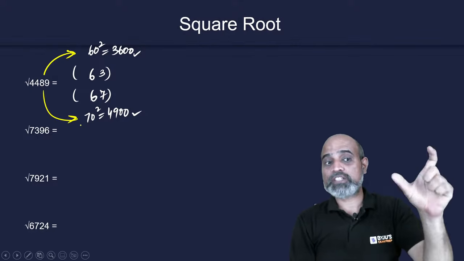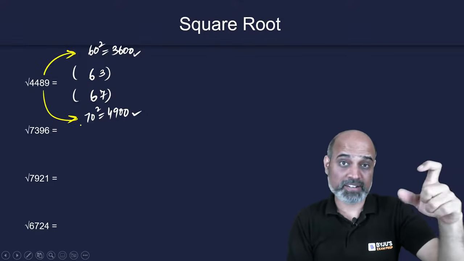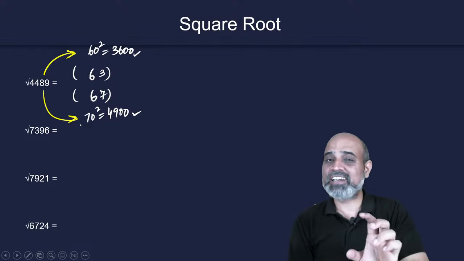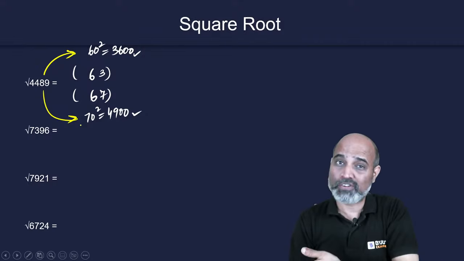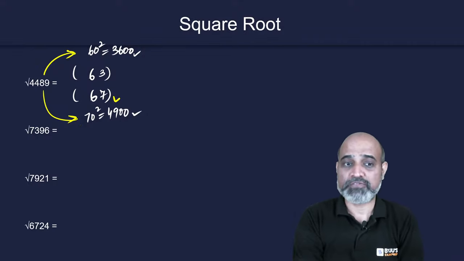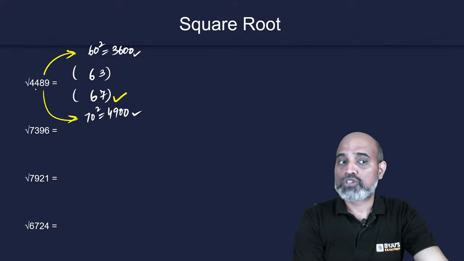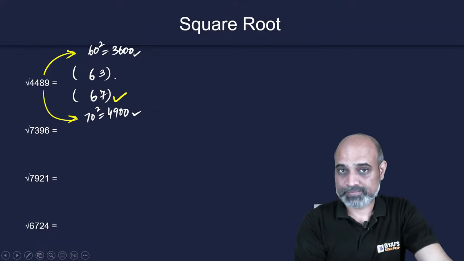You will realize 4489 and 3600 have a difference of almost 800-900, and 4489 and 4900 have a difference of about 400. So can I say this is closer to 4900? That means the value which is closer to 70 will be the answer. So the square root of 4489 will give us the answer as 67.